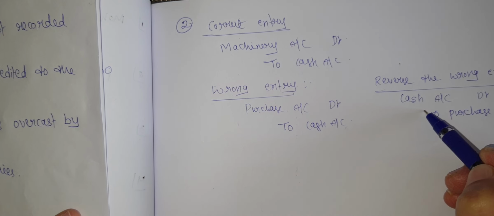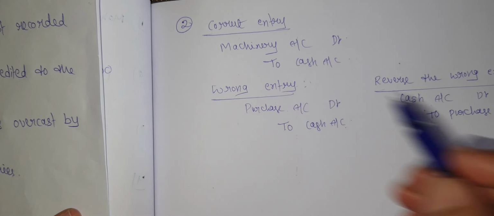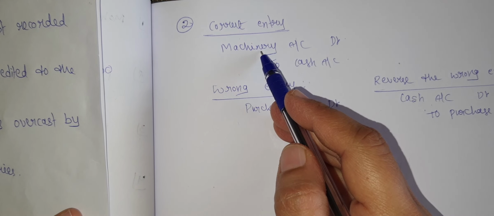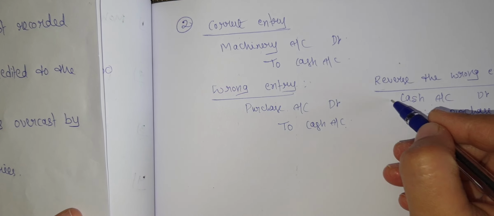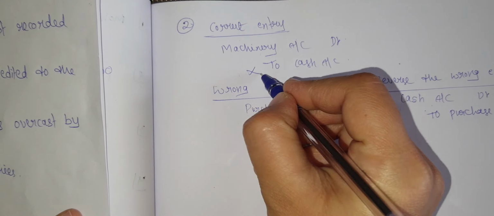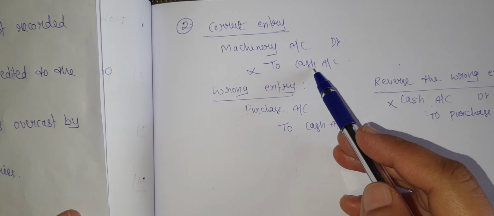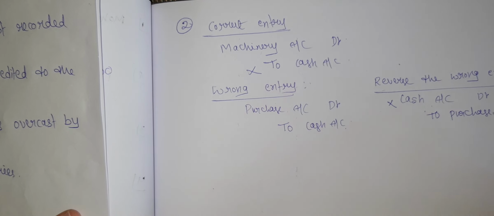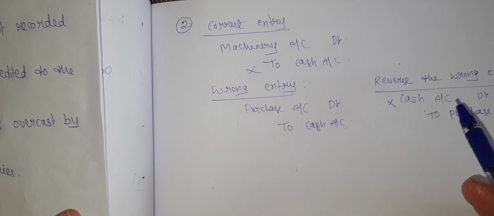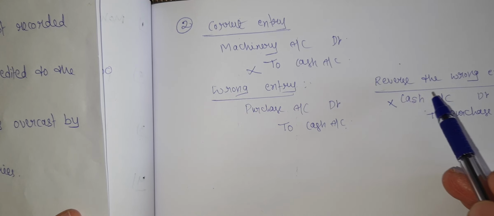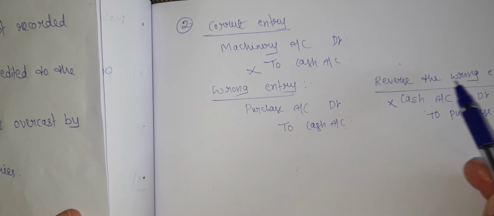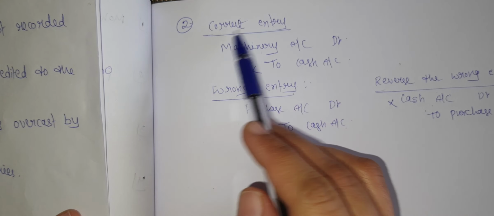Now this entry we have to compare with the correct entry. Here we need to cancel cash account and cash account. In the correct entry cash account is credited and in the reversed wrong entry cash account is debited. So cancel the cash account. We have to compare this reversed wrong entry with the correct entry.